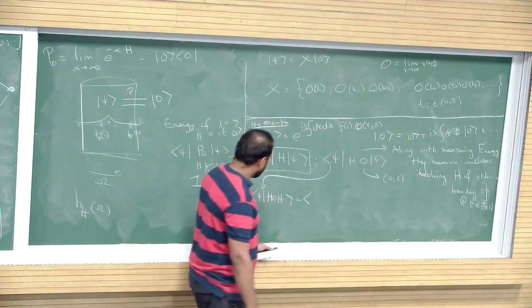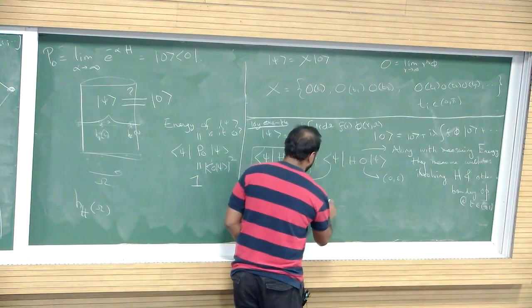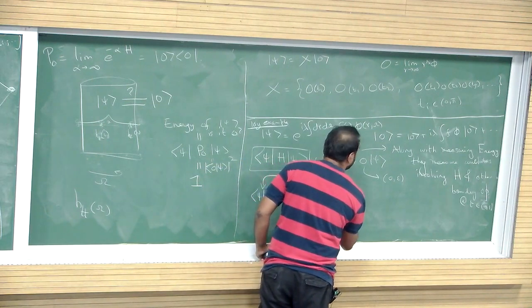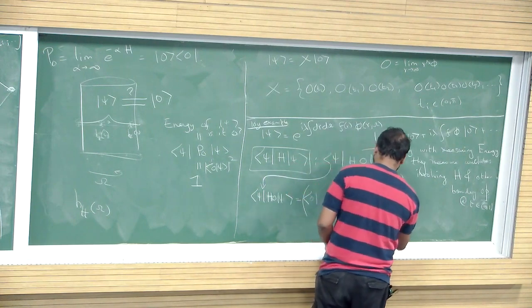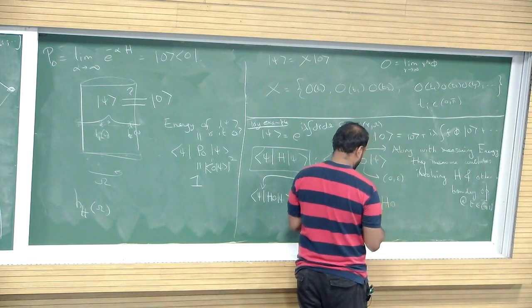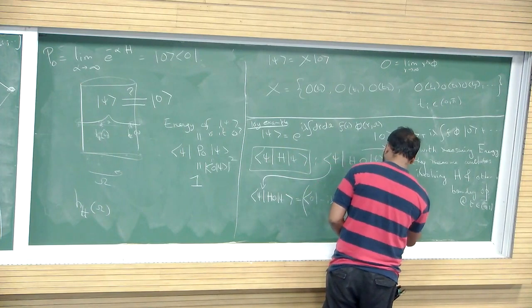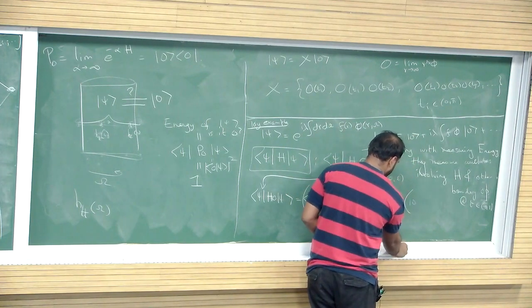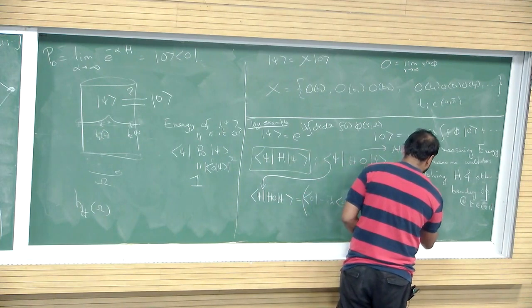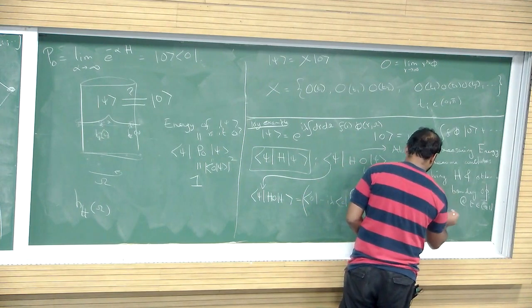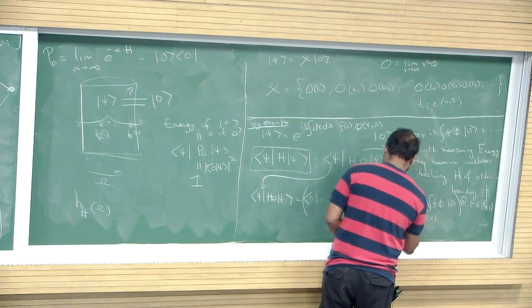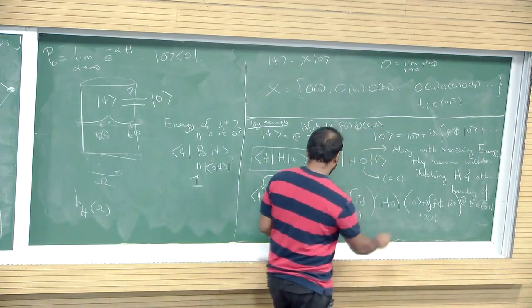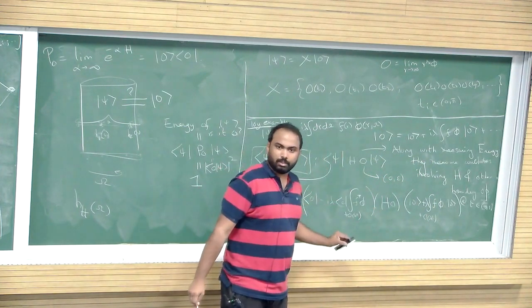And if you look at what this is, then this is 0 minus i lambda... there should be a lambda. Okay, I've just expanded what these states are to order lambda.